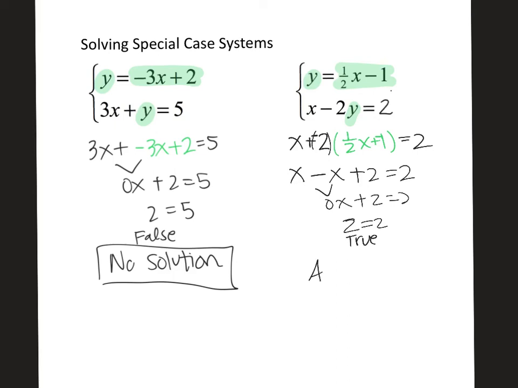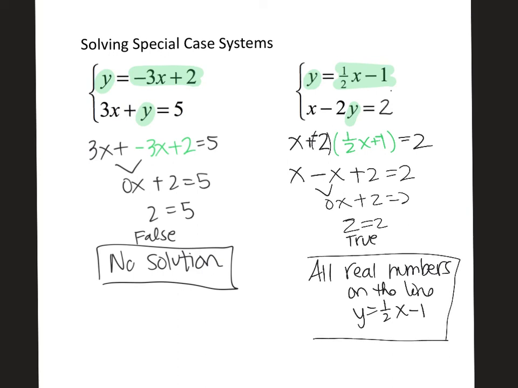So here we're going to write all real numbers on the line y is equal to 1/2 x minus 1. So that means there are an infinite number of solutions, different ordered pairs that make both equations true. Any point on that line is going to make both equations true.